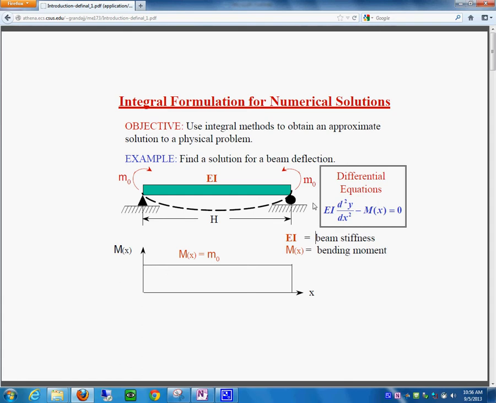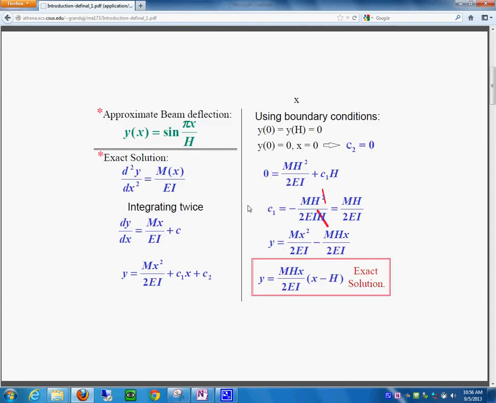This is the challenge now: we have to produce an exact solution of this equation. If you integrate once, what will happen? You get dy/dx.